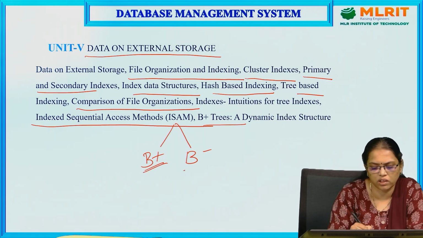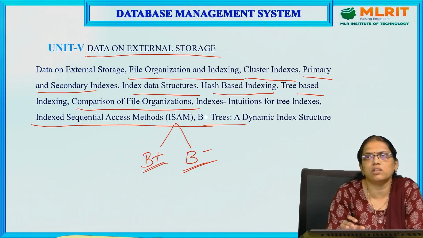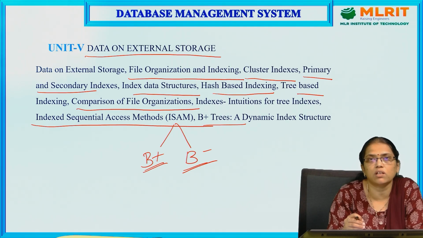We will be concentrating on B plus and B minus trees. So these are the 5 units that we will be discussing in DBMS. What are the topics, what are the subtopics that are involved?